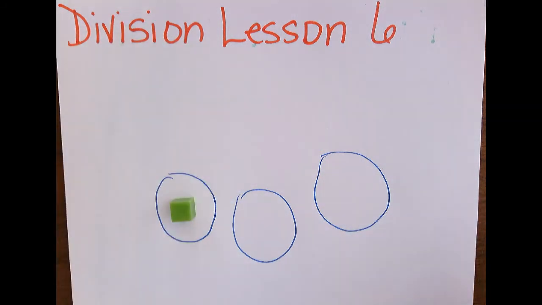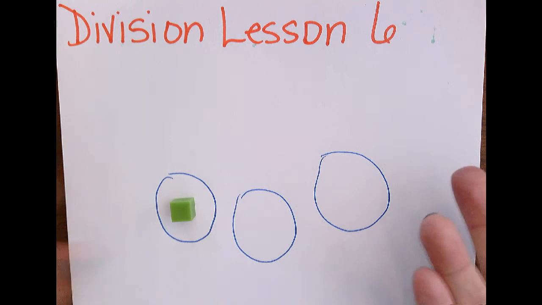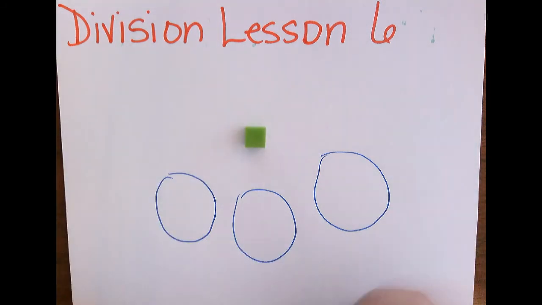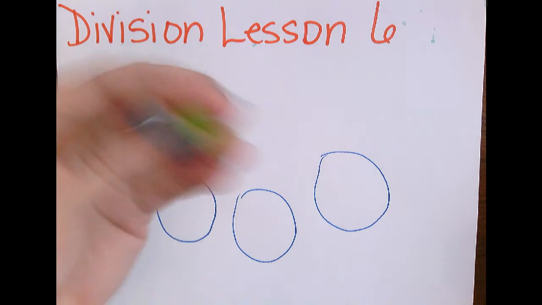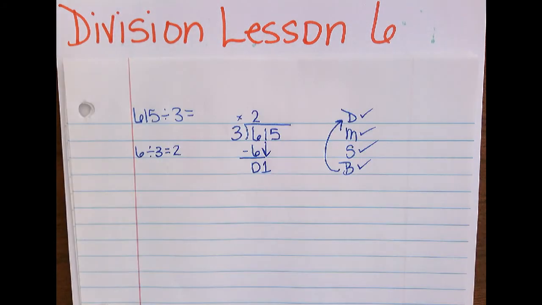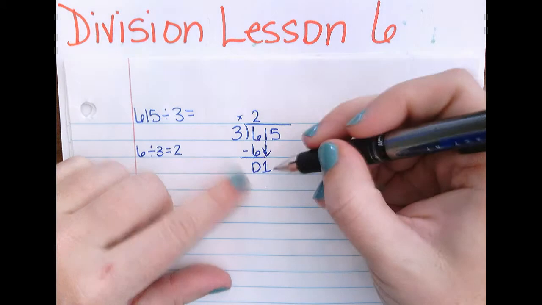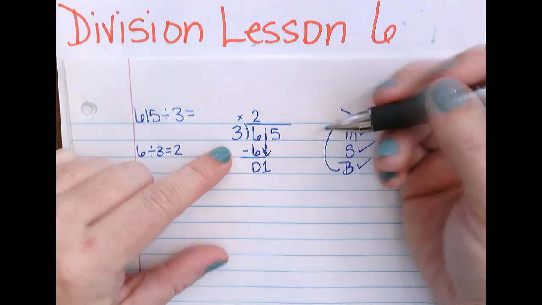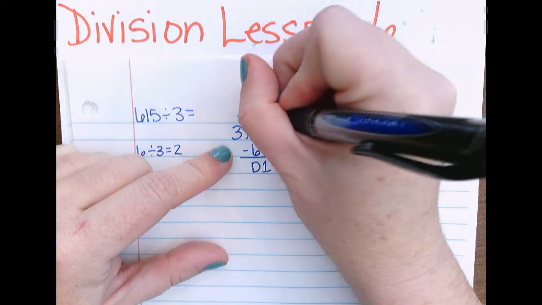You can't have it here, because then both of these have 0, and that does not mean equal groups. It means each of these groups will get none, and there will end up being a remainder of 1. So back to the problem. Since we cannot split 1 by 3, nobody's going to get anything, and we're going to put a 0.